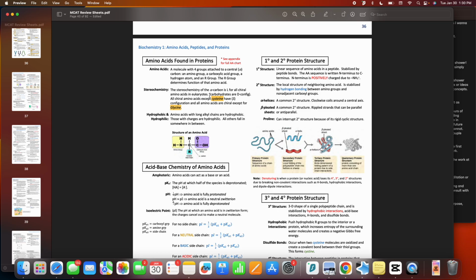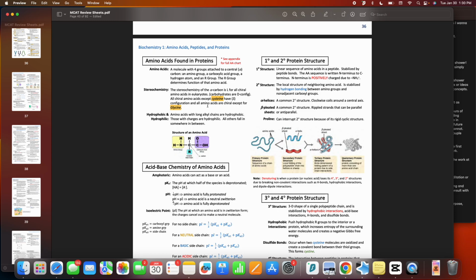I mean, 2 exceptions. Glycine is achiral because it has 2 hydrogens, which are the same, and eventually that makes it an achiral compound.